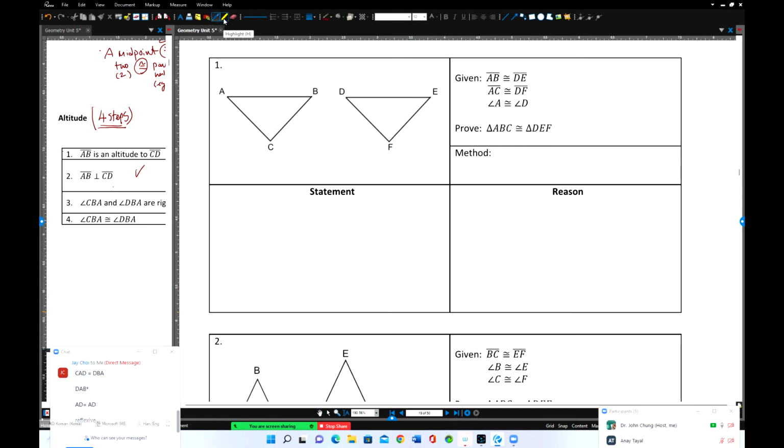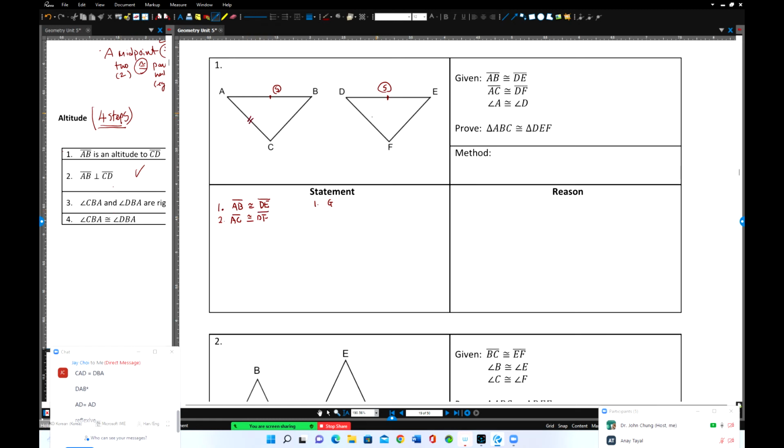This is a two-column proof. First one, given AB congruent DE. Check it out. AB congruent DE. It's already equal. Done. Second, AC congruent DF.